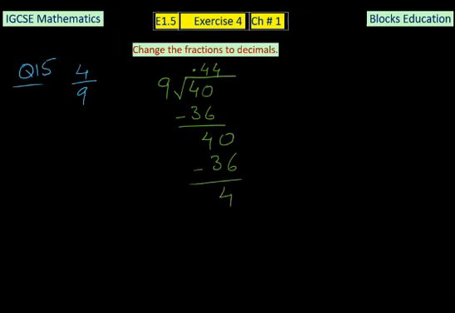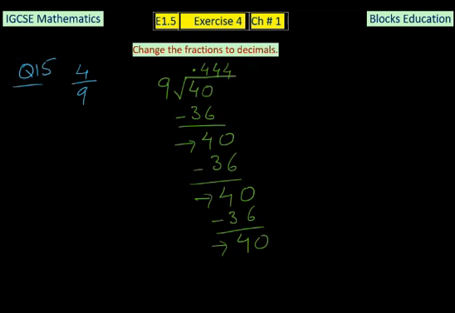Once again, dot is already there, 4 is smaller than 9, so you need 1 zero here once again, and then again 9 fours are 36 here, and then again you have a remainder of 4. See that now this 40 keeps on repeating itself. Now of course you will add 1 zero to it, it will be 40 once again, and it will keep on repeating, and it is a never ending thing.